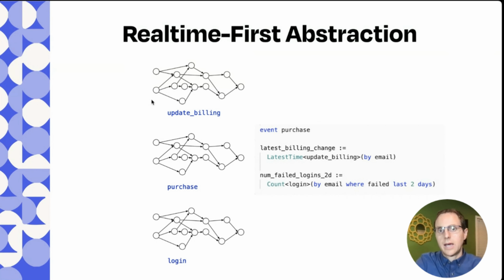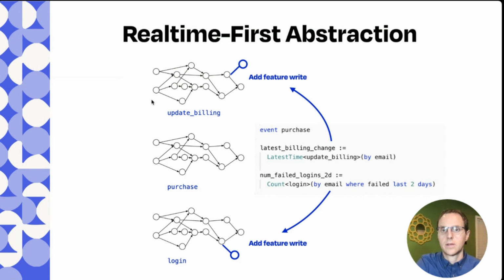If we describe those features at purchase time, what's actually happening behind the scenes is the compiler can say, well, I know that I'm going to need to know this about billing information changes, so on the update billing event, I need to add a feature write. Similarly, the compiler will look and see, oh, at login time, I know that I'm going to have to keep track of the number of failed logins, so let's add another feature write for that by email.